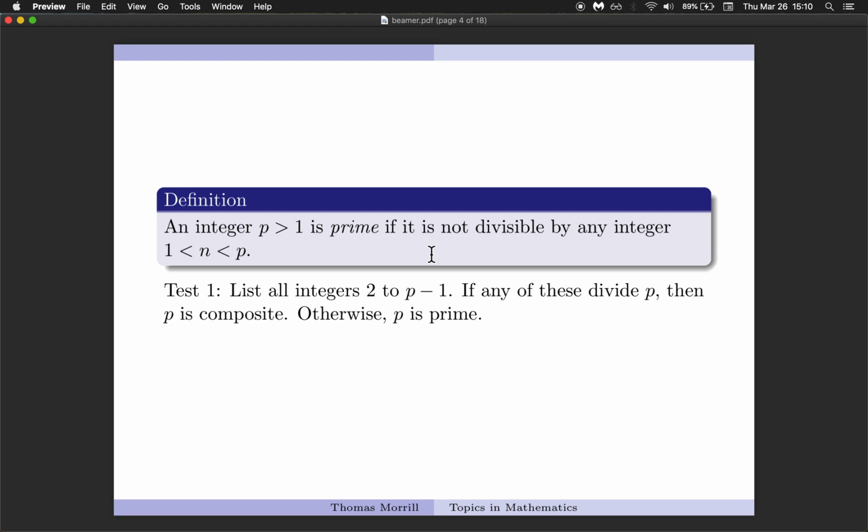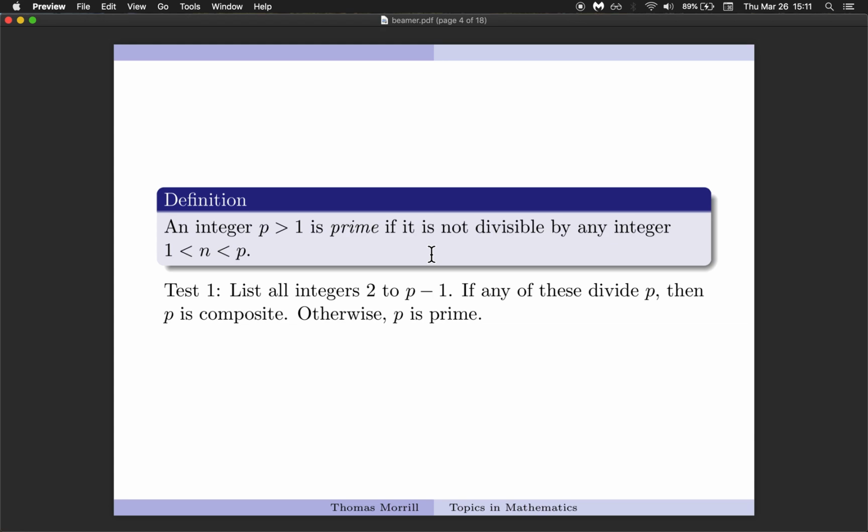So this is a test that will always work, but it's not a very practical test. Remember, I'm picking these prime numbers to have, maybe 100 digits, maybe 1,000 digits, maybe 10,000 digits. I want them to be so large that finding the factorization just by brute force is impractical.